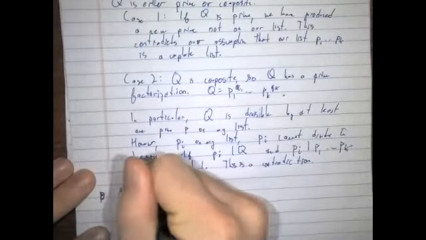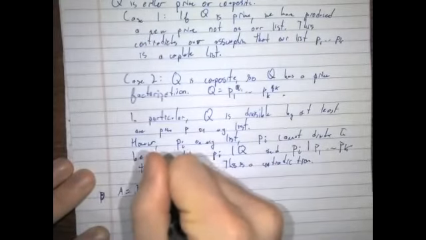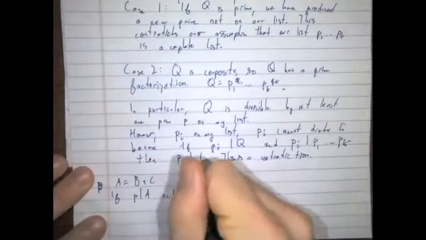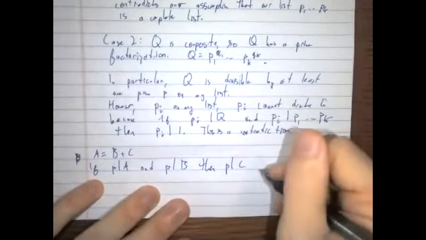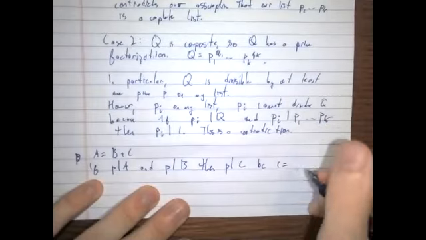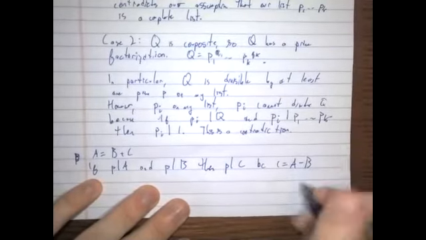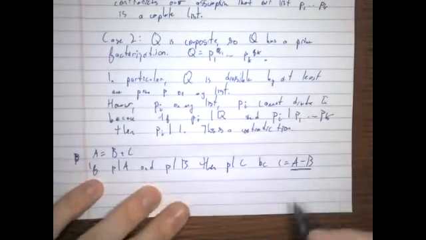If P, so let's say A is equal to B plus C, if P divides A and P divides B, then P divides C, because C is equal to A minus B, and P divides both parts of this.